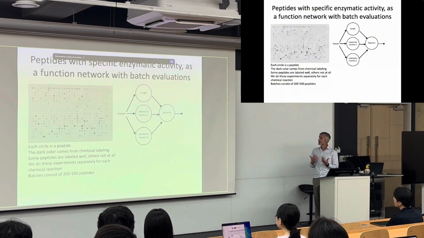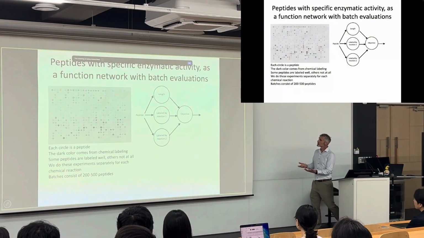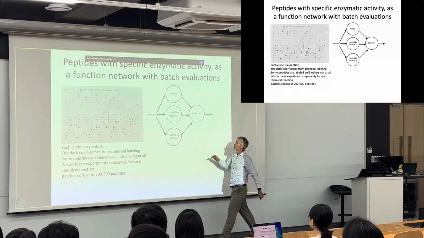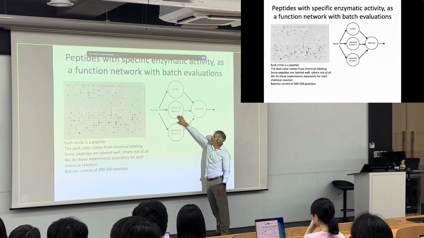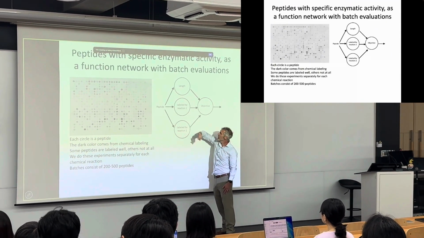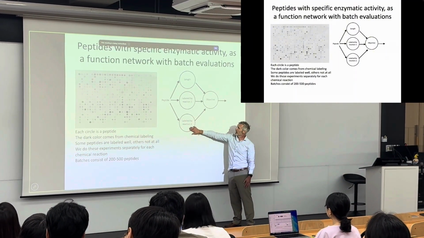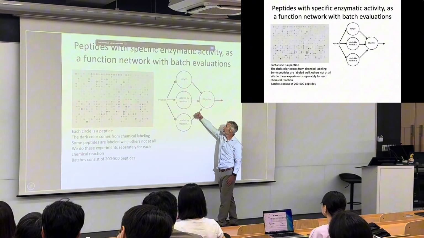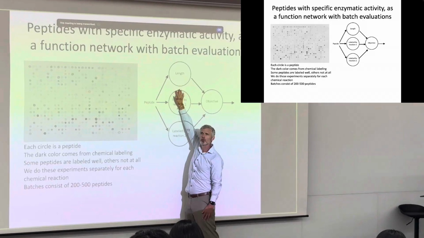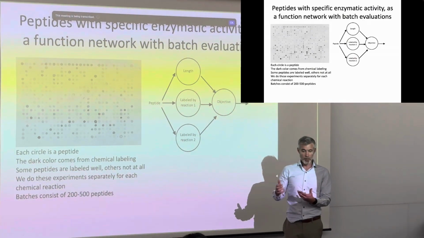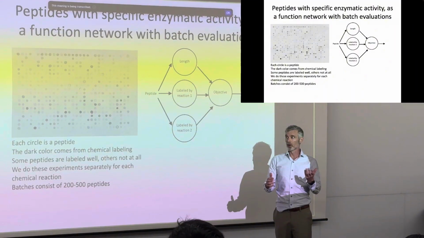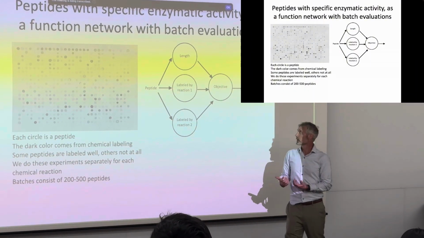Right, so we could get, in batches, roughly 500 measurements of enzymatic activity. This is a simple function network where I have a peptide that comes in, and I'm observing whether it's labeled by reaction 1, this is one kind of experiment, labeled by reaction 2, that's a separate experiment, and then they were interested in finding short peptides because we don't want the peptide to interfere with the biology of the organism.